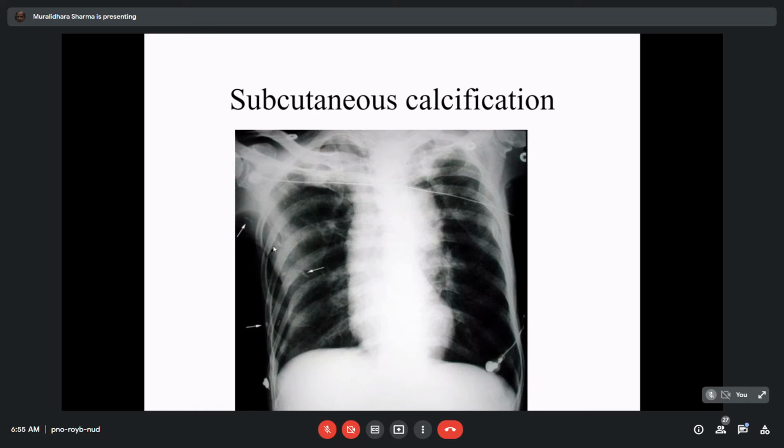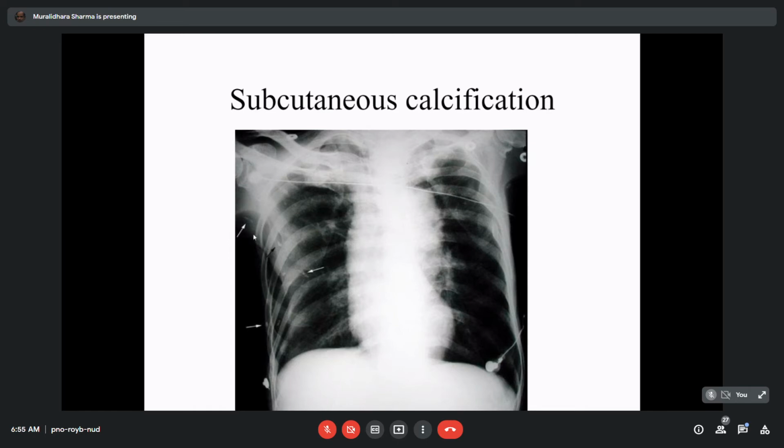Now, in addition to these artifacts, there could be abnormal calcifications in the body. In this patient, you have a subcutaneous calcification. These are the artifacts of the ECG leads and wires kept in the ICU. You have an area of opacity, and you may get confused whether it is in the lungs or over the surface of the body.